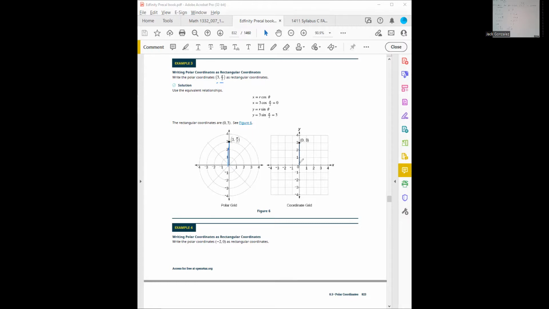If you plot x and y, well, x is 0, y is 3, same place. So this is the Cartesian plane, or x and y coordinates, and this is the polar grid. So you can convert this to Cartesian or use the polar.